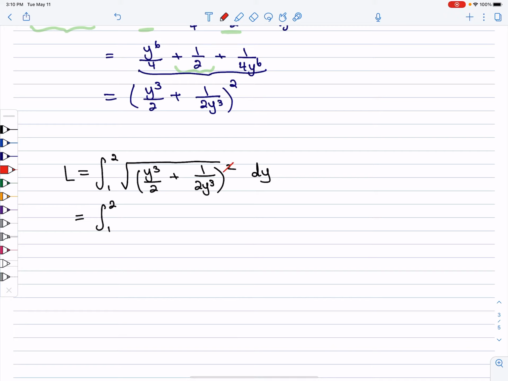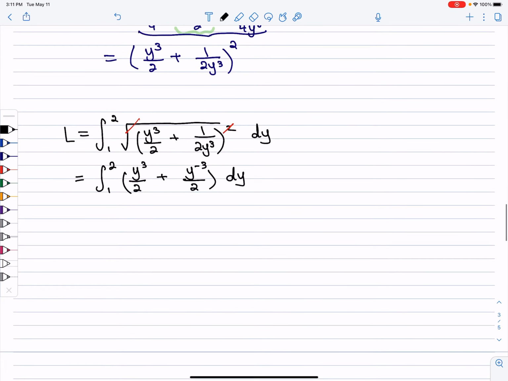We can simplify the square and the square root, and then we can say y cubed over 2 plus y to the negative 3 over 2 dy. However you decide to go about this, it's okay. I'm going to show as many steps as possible for those of us that need to review.